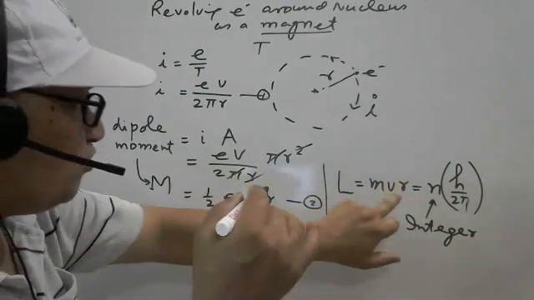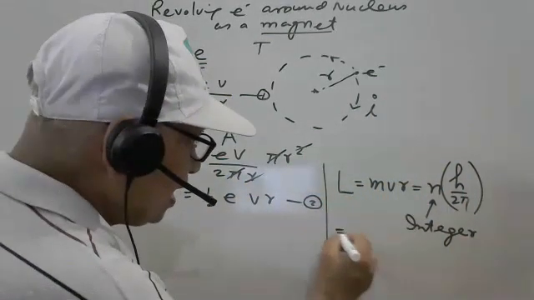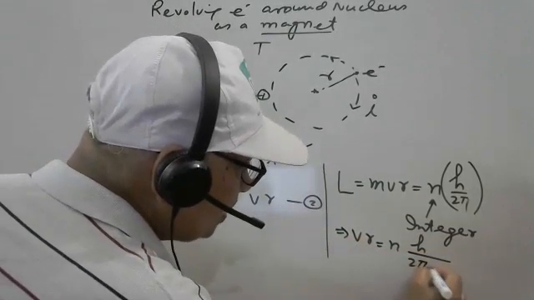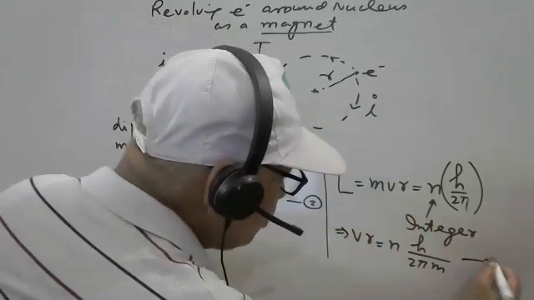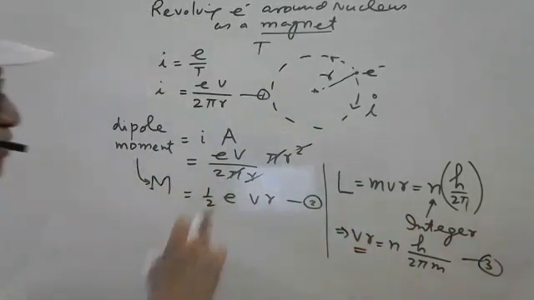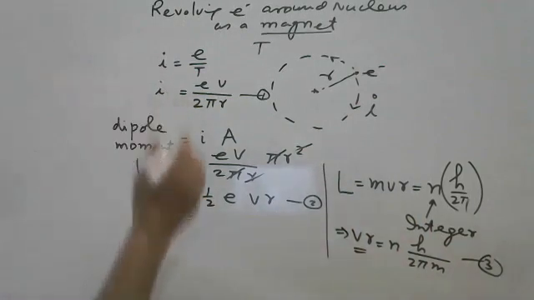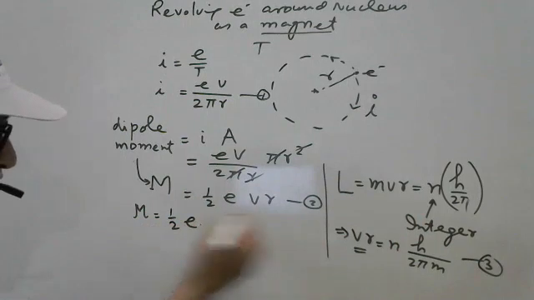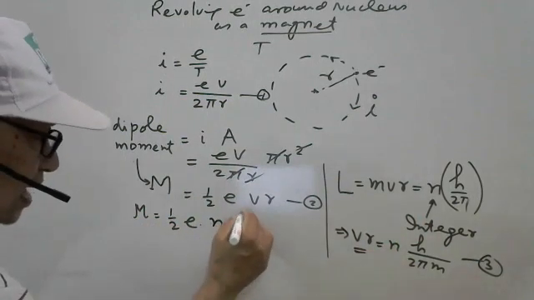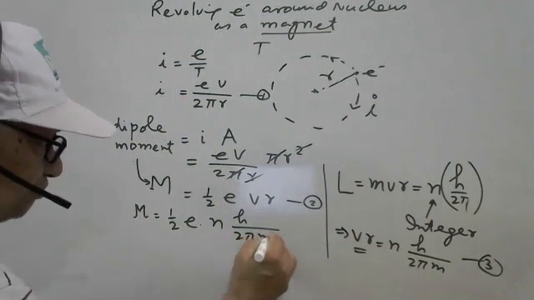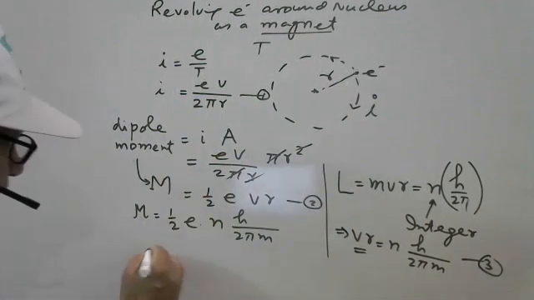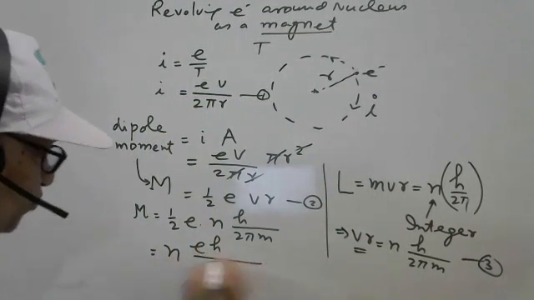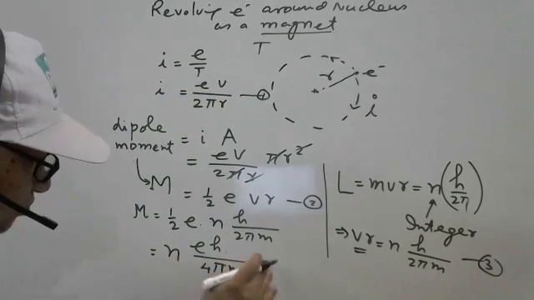Putting the value of v r in equation 2, we get the dipole moment M equal to one by two e times v r. Instead of v r, we write n h upon 2 pi m, so it can be written like this also: M equals n e h upon 4 pi m.